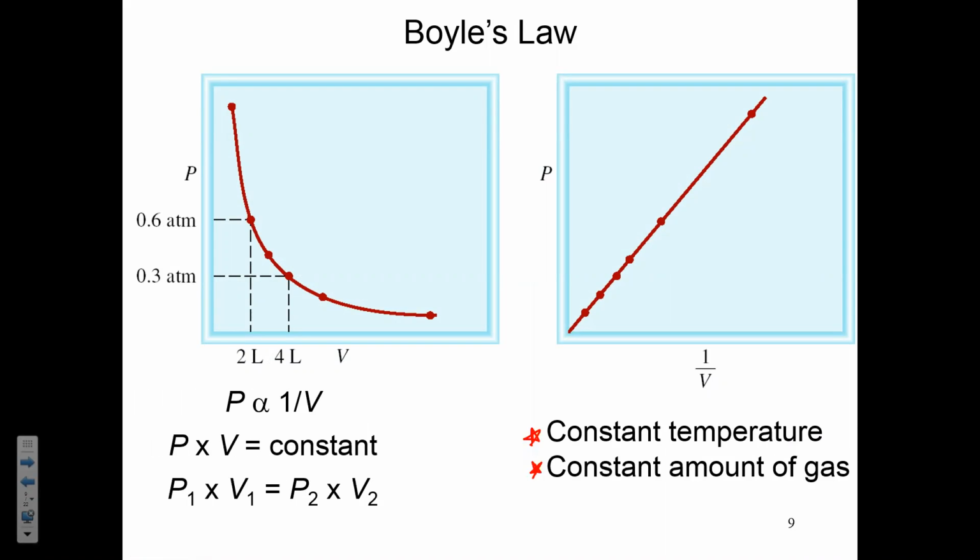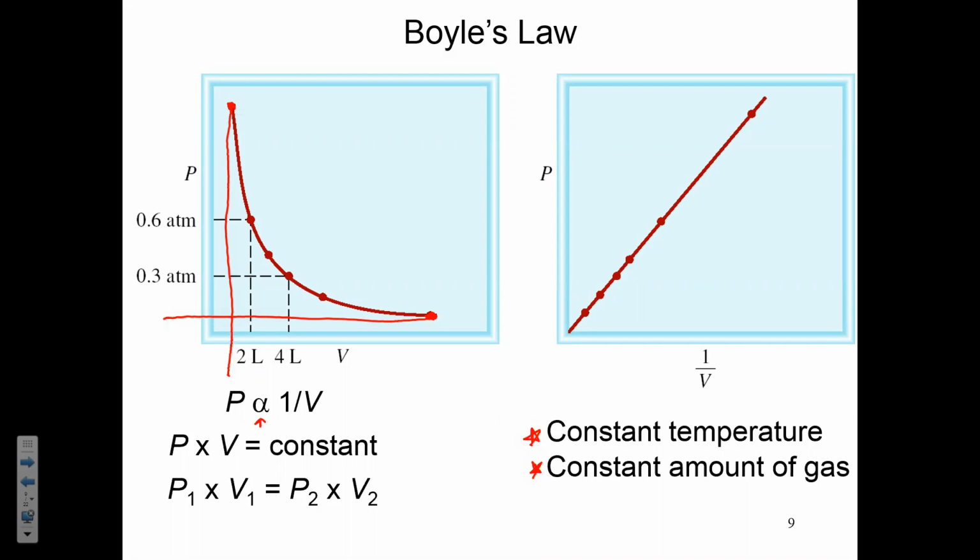When my pressure is high, my volume is low. When my volume is high, my pressure is low. So they're inversely proportional.